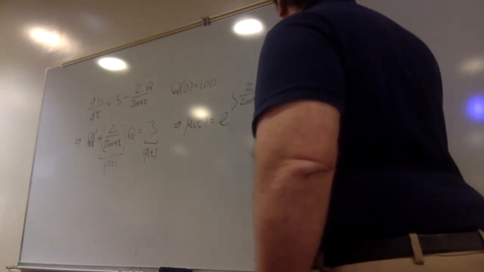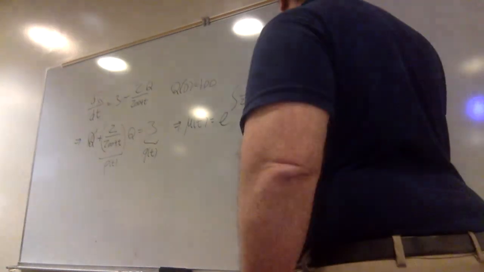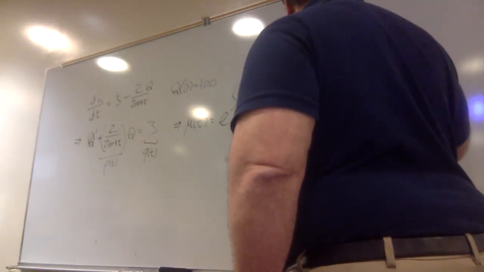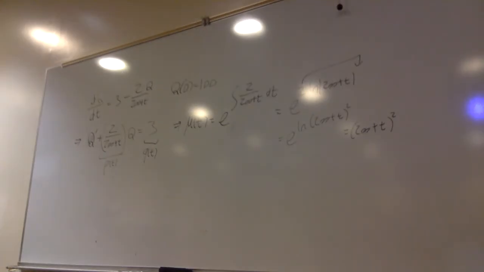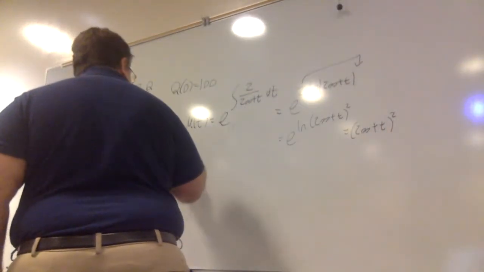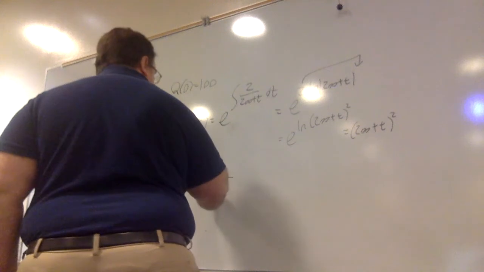E to the log of something, the e and the log cancel. So 200 plus t, the whole thing squared, is your integrating factor. So this sort of thing can come up with a problem for a linear equation in a test, where you end up with a log, and then try to simplify that, get the e and the log out of there by using properties of logs.